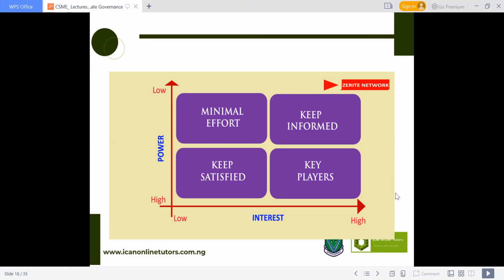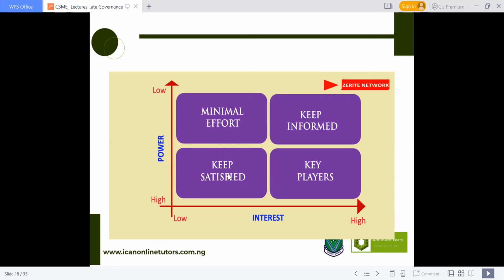We have high and low on both the X and Y axes. Let me start from the words keep satisfied. Keep satisfied are those stakeholders that have power, and your power is usually measured by the unit of capital you contribute.